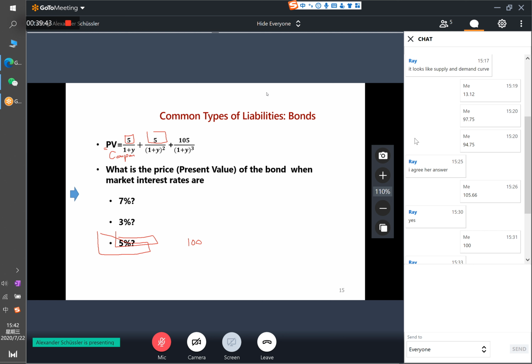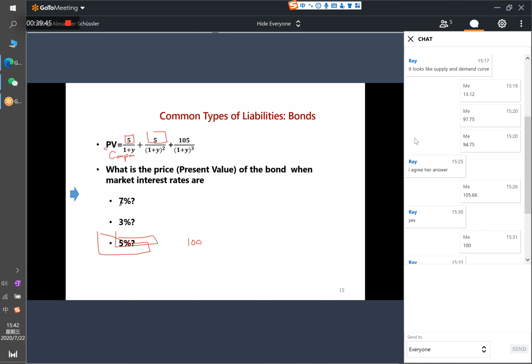Here the stated rate is higher than, sorry, the market rate. This is the market rate. Market rate is higher than the stated rate, than the coupon. It's the stated rate.